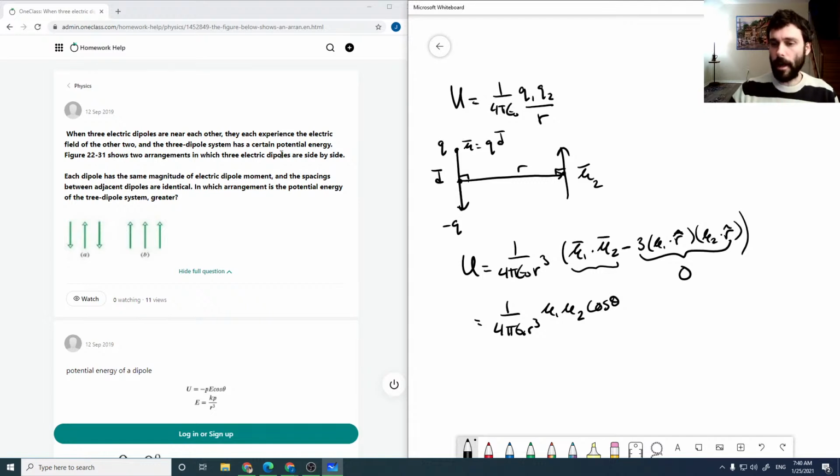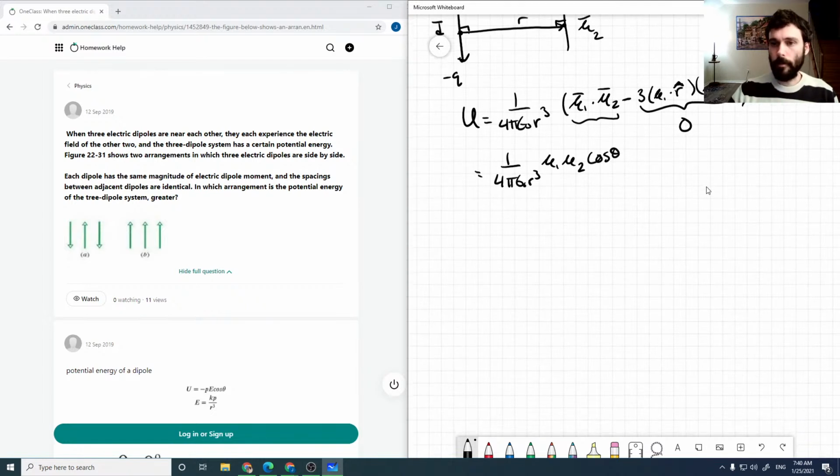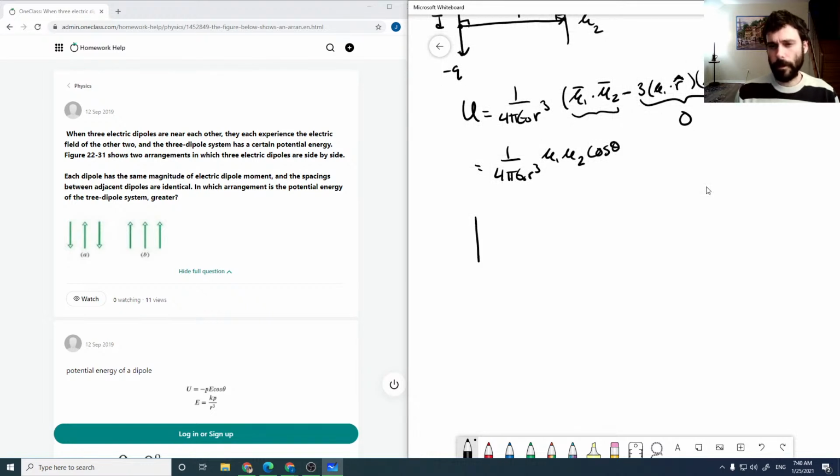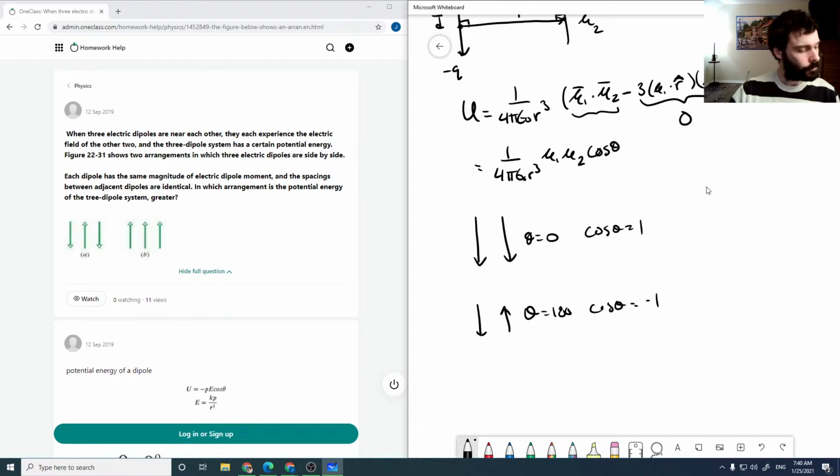And recall that if they're lined up, theta will be 0, so cos theta is 1, and if they're anti-aligned, then theta is 180, and then cos theta is minus 1.